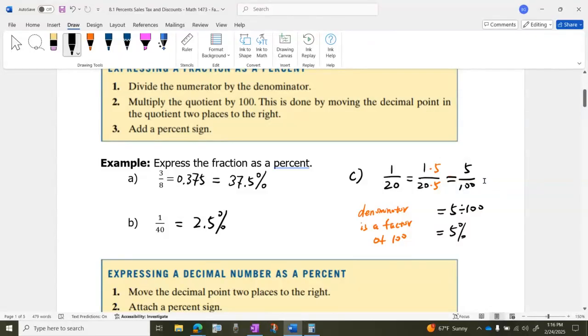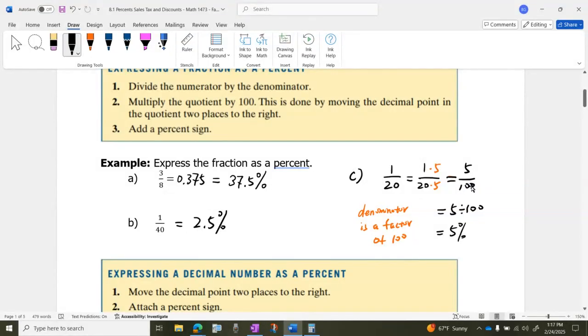5 out of 100. Yeah, every 100, 5. For example, the sales tax is 5%. Wow, I don't think any city has this low sales tax. Maybe some other place. Our sales tax is a lot higher than this one. Just for example, 5 over 100 is the tax rate.